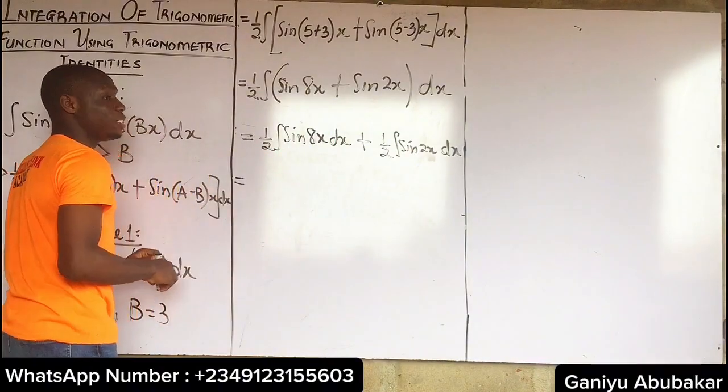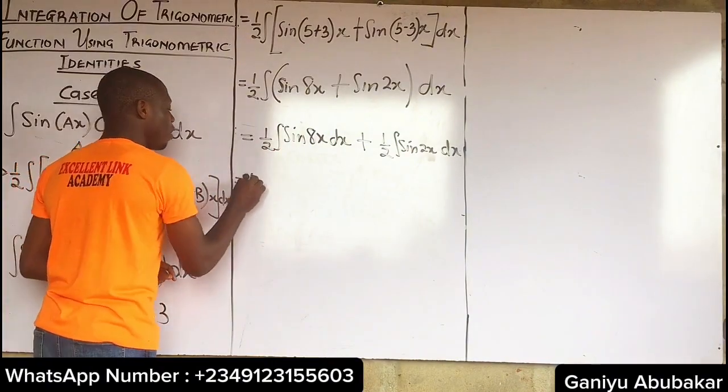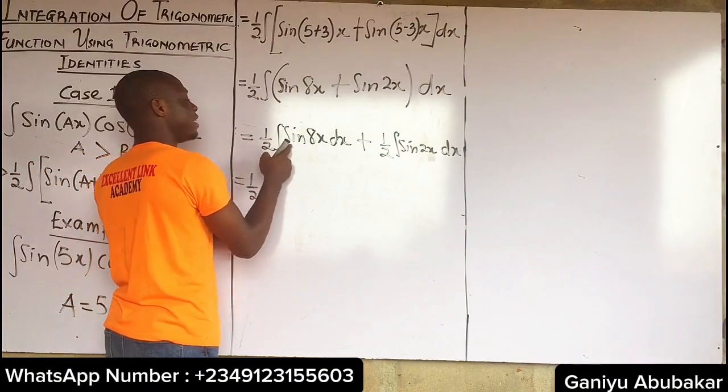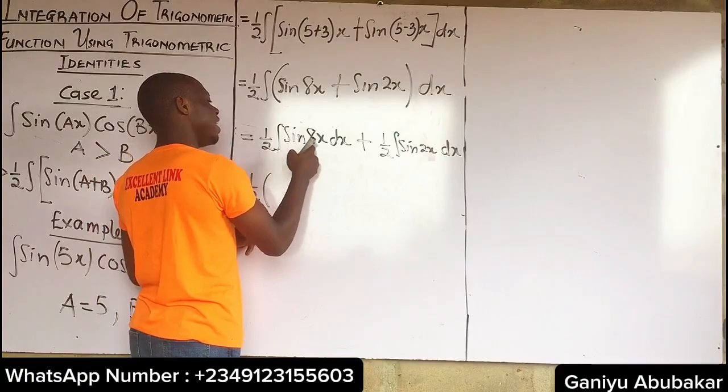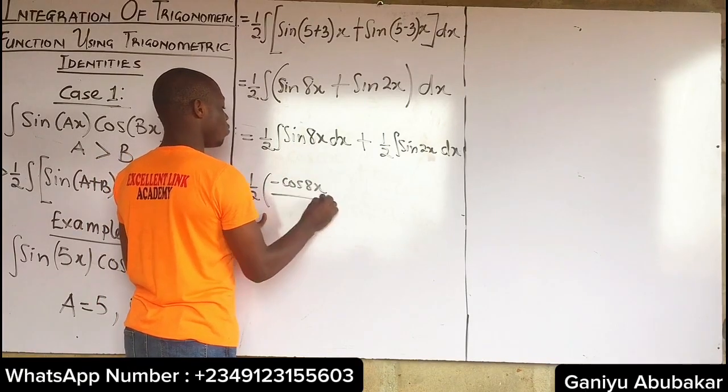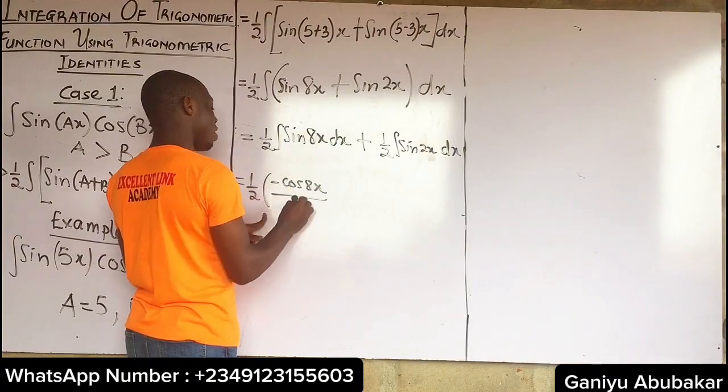Obviously, my next procedure is quite simple. I'll have 1/2 times, if I integrate sine 8x, I'll have minus cos 8x all over the derivative of 8x, which is 8.